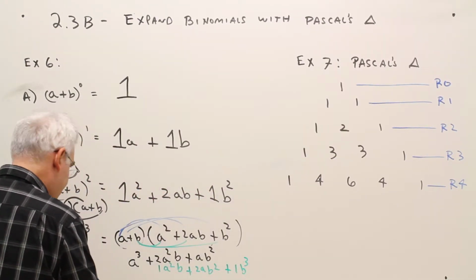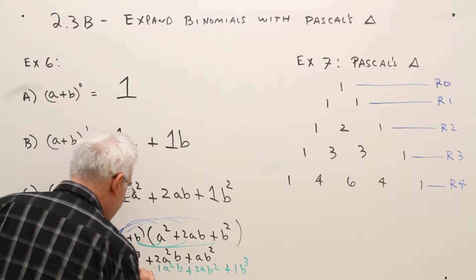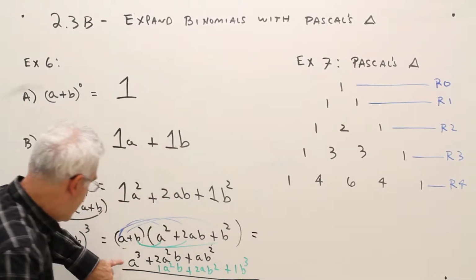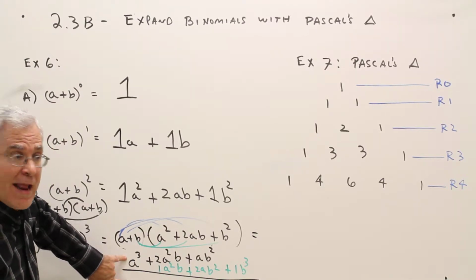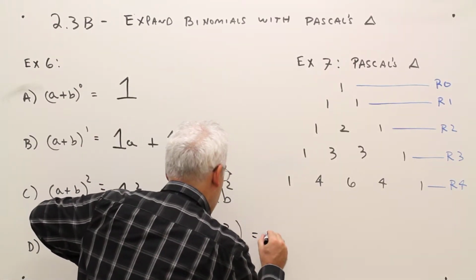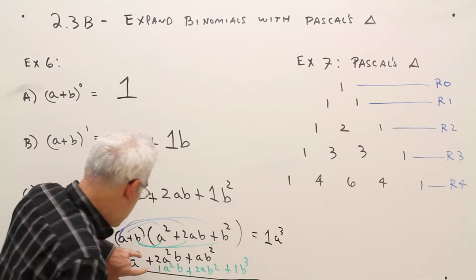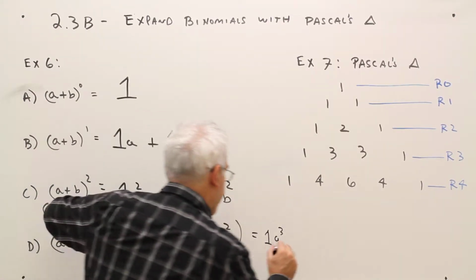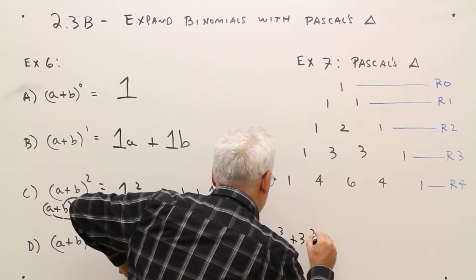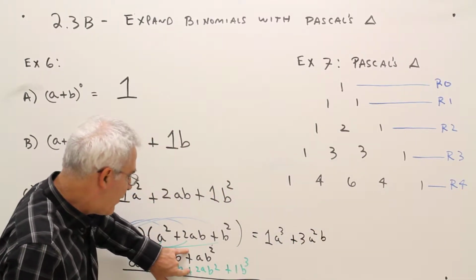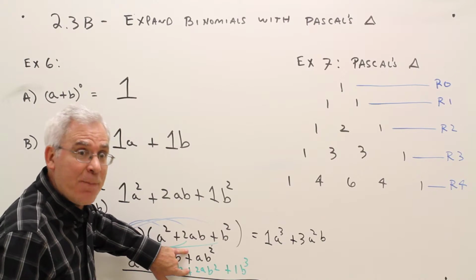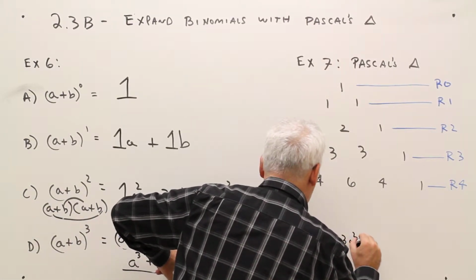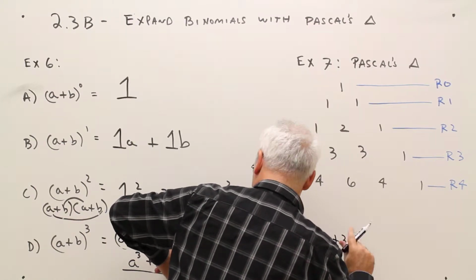I don't know if I'm going to squeeze this in here, but I'm going to add all these together. I'll write it next door here. So that's going to be a 1a cubed plus 3a squared b plus 3ab squared, sorry about that.